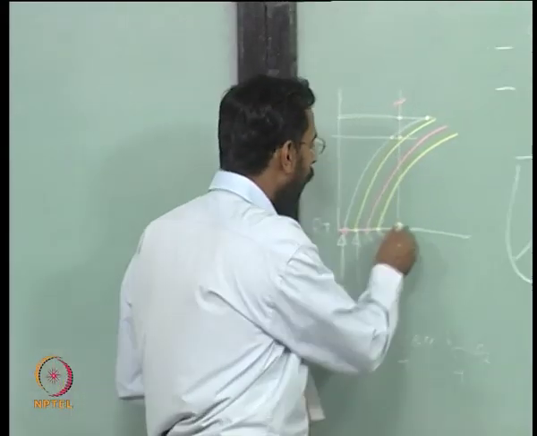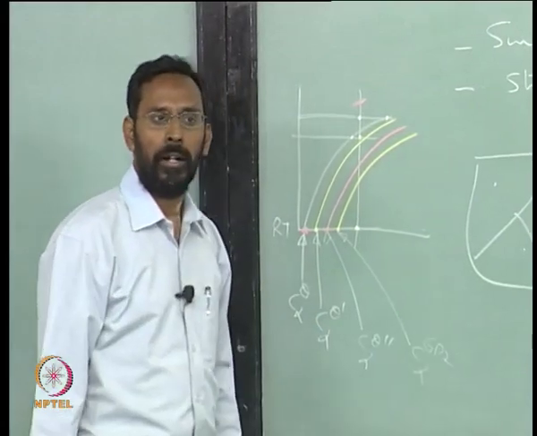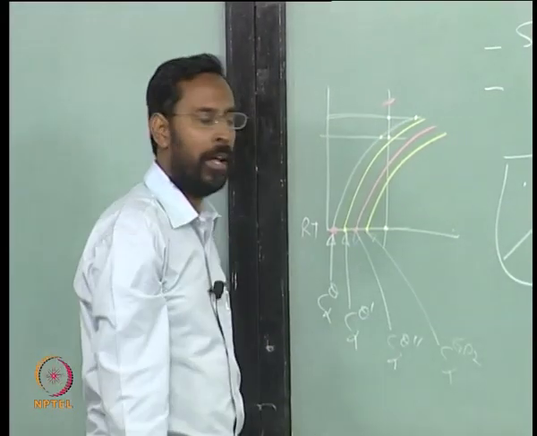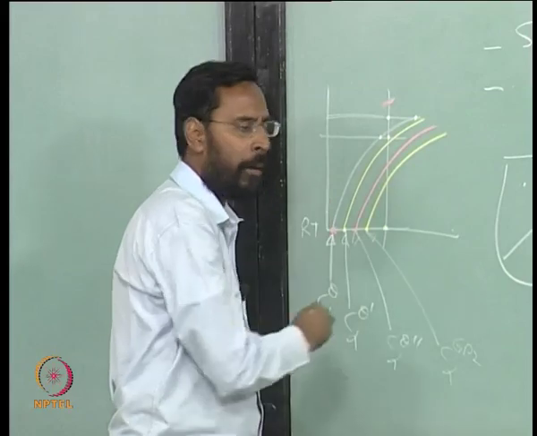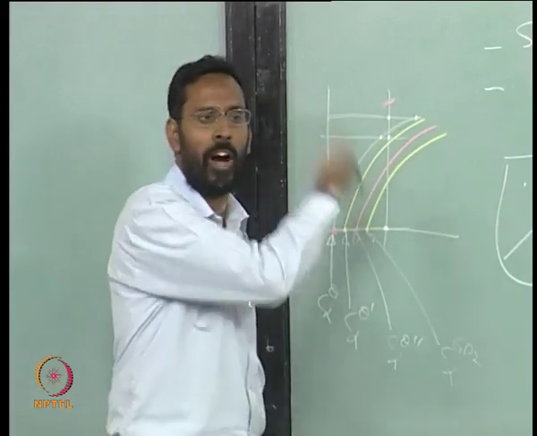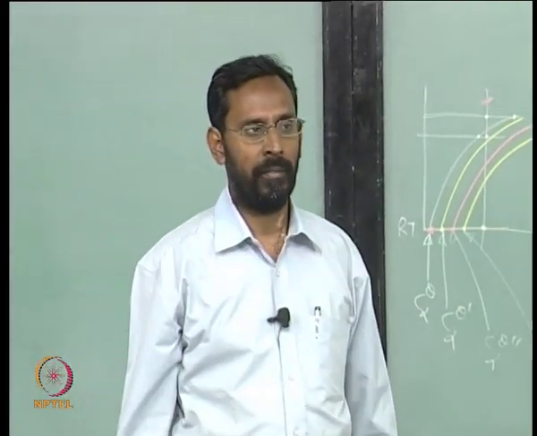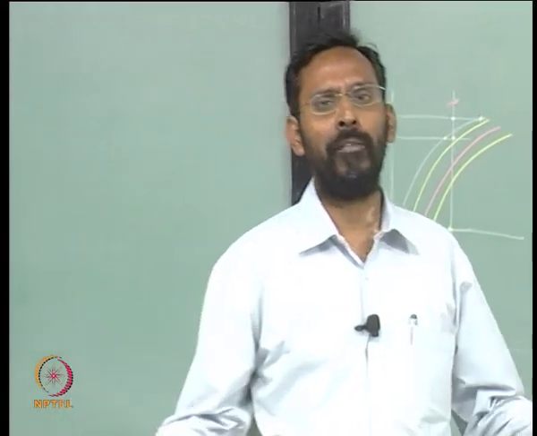Now if I am at this particular temperature for this alloy composition, my alloy is below the solvus of all the 4 of them. That means in principle all 4 of them can precipitate.